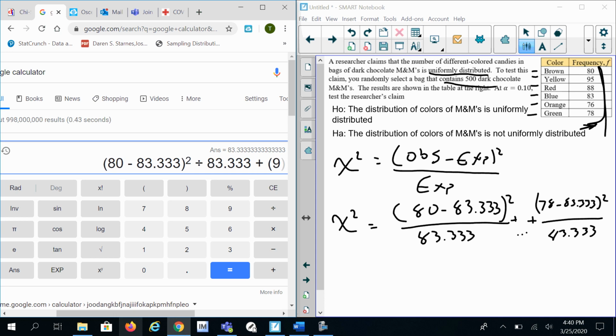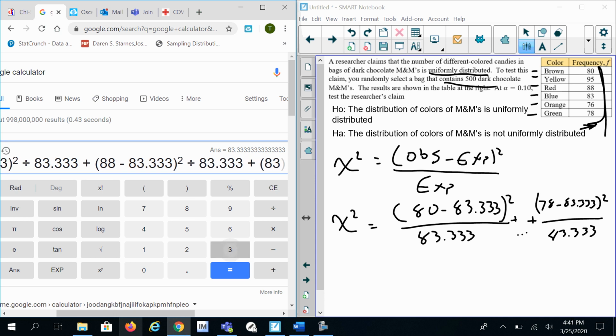So 95 minus 83.333 squared divided by 83.333 plus, let me keep going, we're at 88, that's the yellow, minus 83.333 squared divided by 83.333 plus, we're on blue, which is 83.